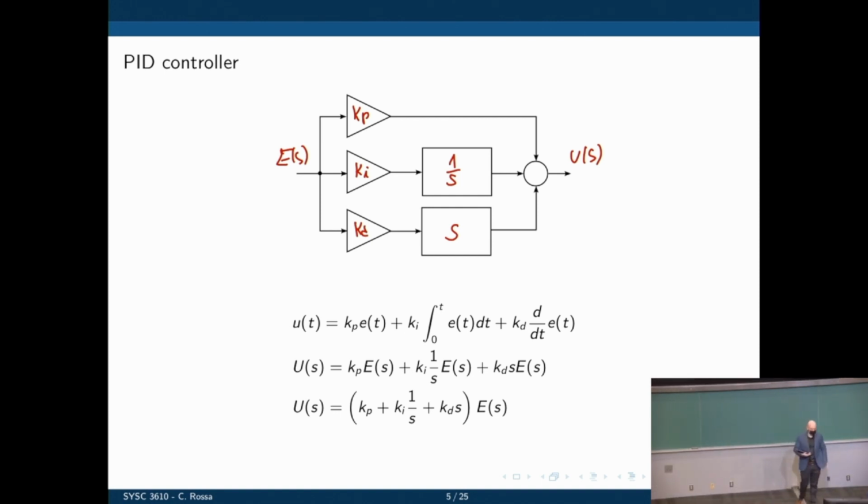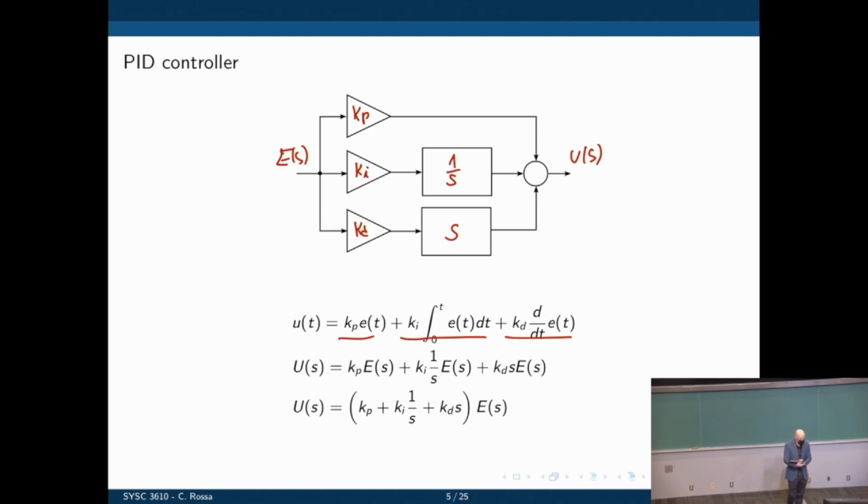That's just the controller. It's the proportional gain times the error plus the integral of the error plus the derivative of the error. Take the Laplace transform of that. That's the middle equation. And the last equation, you're just factoring out the error in there. So we see all the 3 components, Kp, Ki, and Kd. That's the equation of this controller.